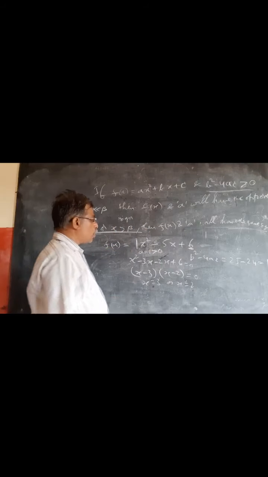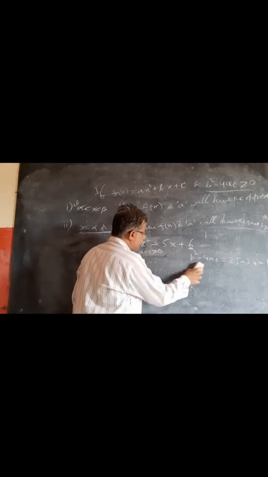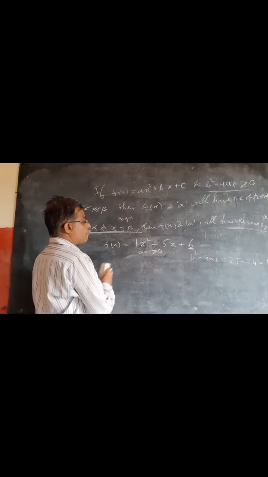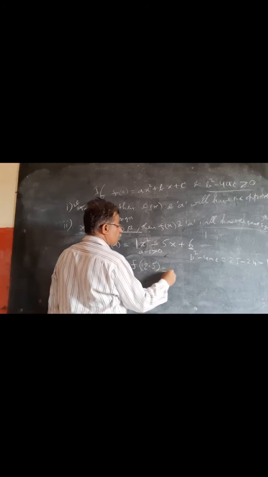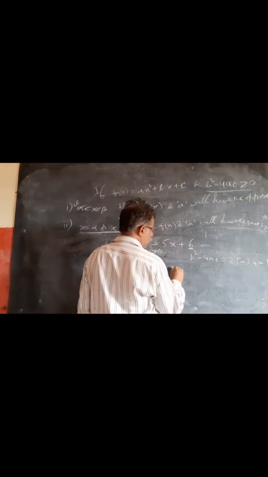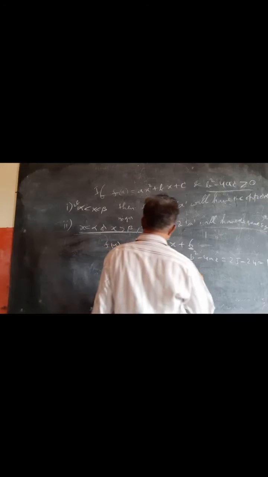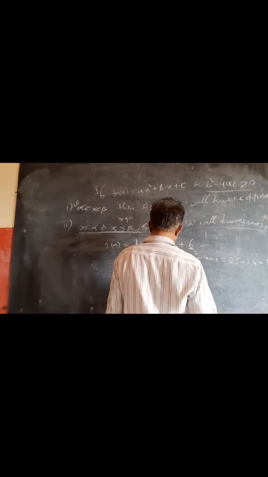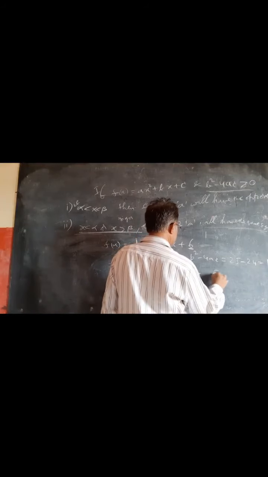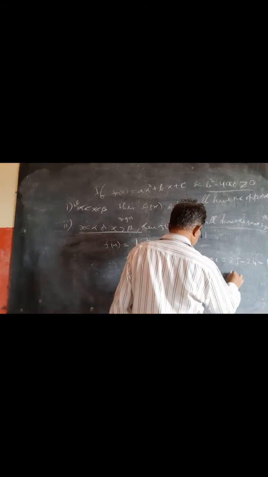For example, if I take 2.5, what is the value of f of 2.5? 2.5 whole square, how much? 6.25 minus 5 into 2.5. 5 into 2.5, 5 5 is 25, 5 2 is 10, plus 2, 12, plus 6. How much?